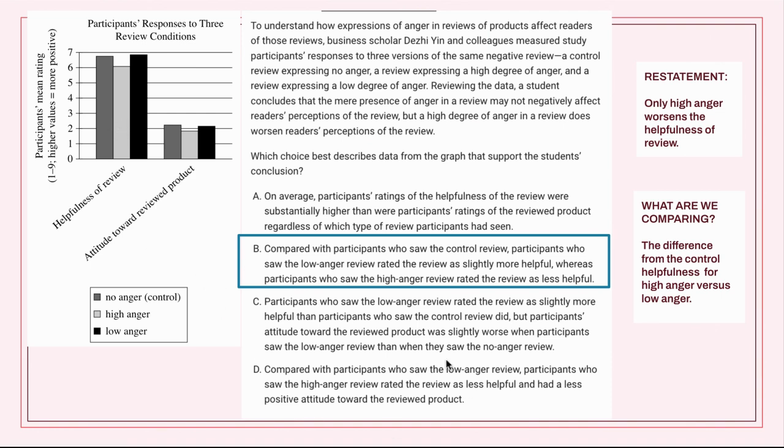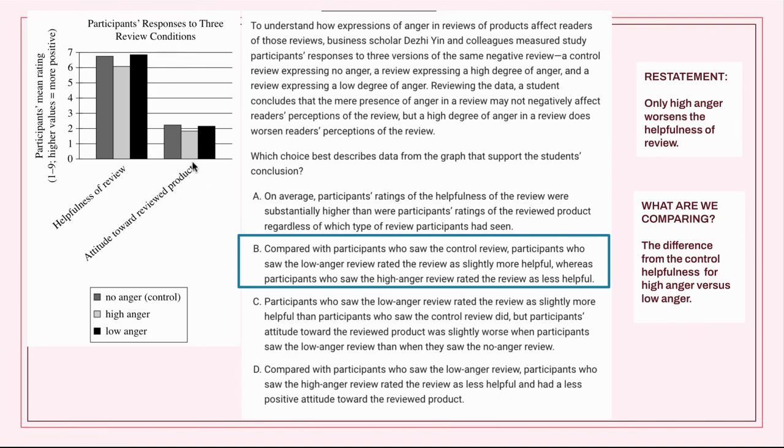So again, this is also bringing in the attitude towards the reviewed product, again irrelevant. But even if we're just focusing on the helpfulness part, it's just comparing high anger to low anger. But we don't know. This could also mean that low anger also had negative effects. It's just that high anger had even more negative effects. That's what I could also infer from D.